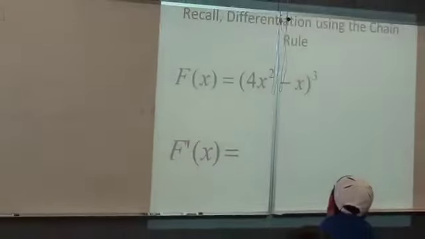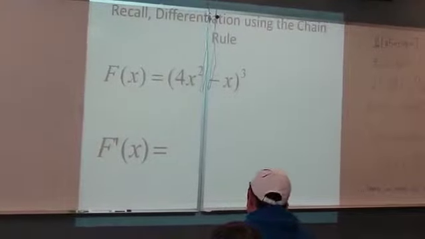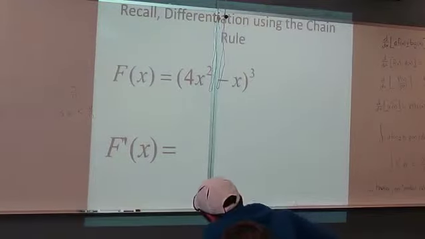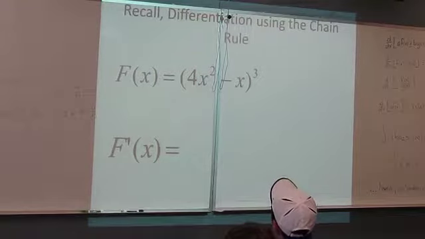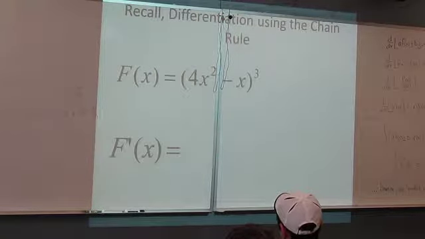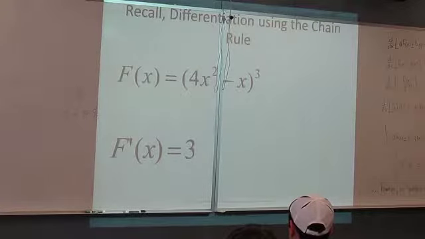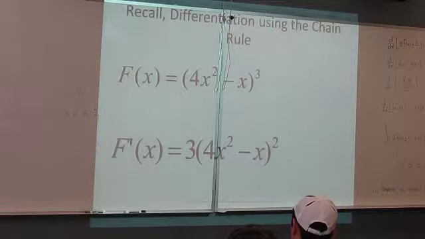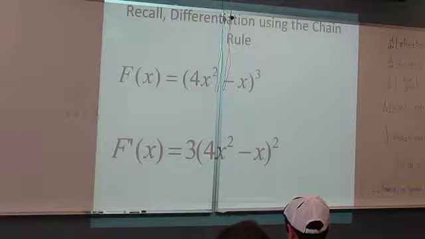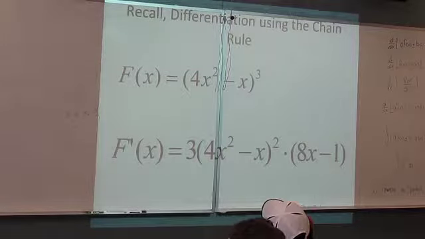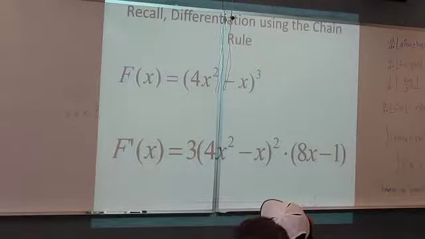Think way back. Maybe we had that quadratic cube. How did we apply the chain rule? Can you think through? The outside, the derivative of the inside. Got it. So the derivative of the outside, power rule, but don't forget the derivative of the inside. Linear function.